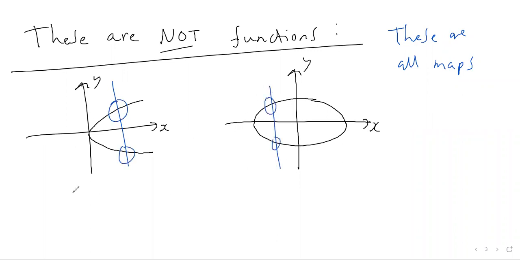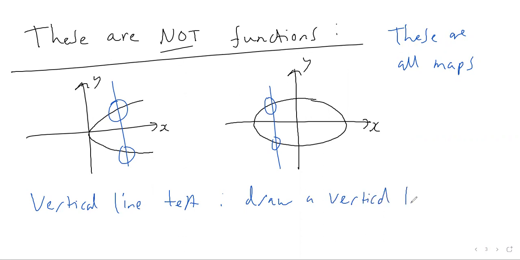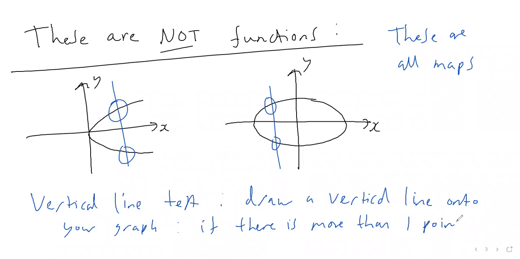So the vertical line test: draw a vertical line onto your graph, and if there is more than one point of intersection, then that implies not a function. So like these ones here.